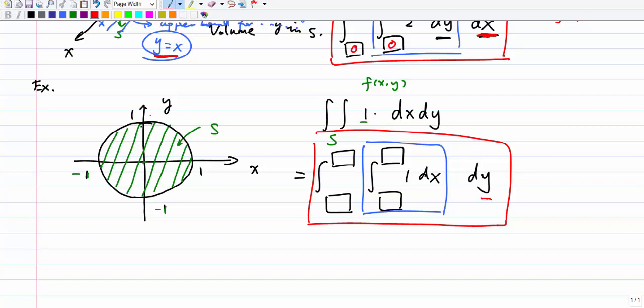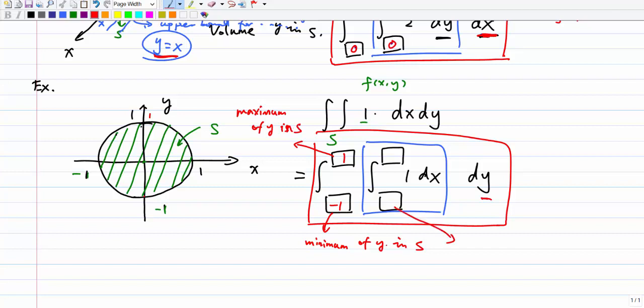Beyond 1 does not belong to the region. You can also go down to -1. So this is the minimum, and this one has to be the maximum of y in my S.